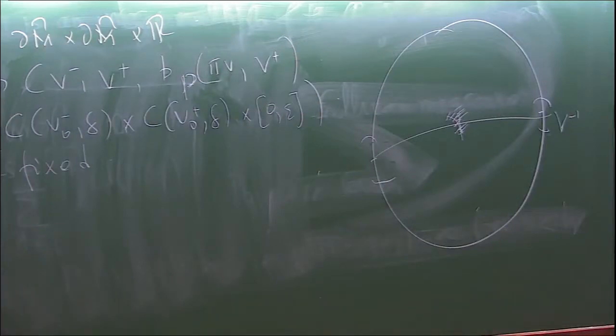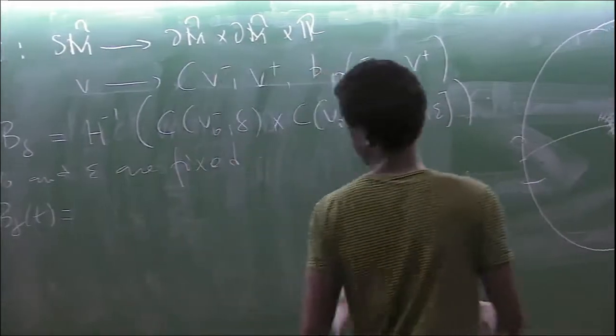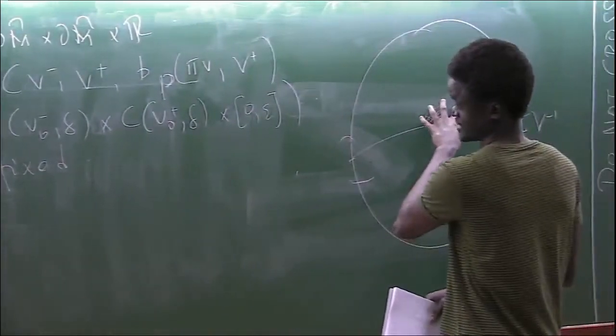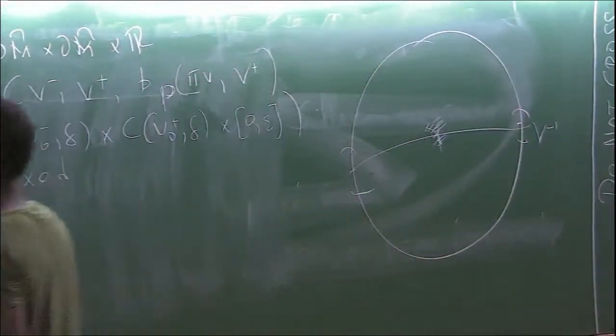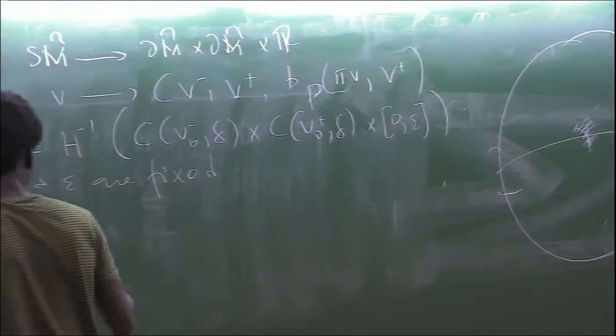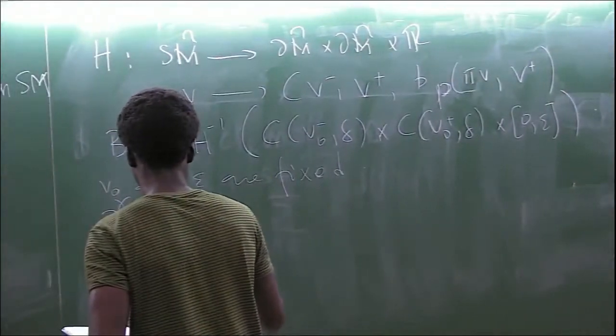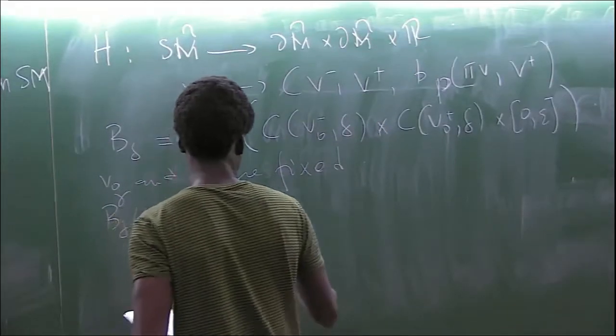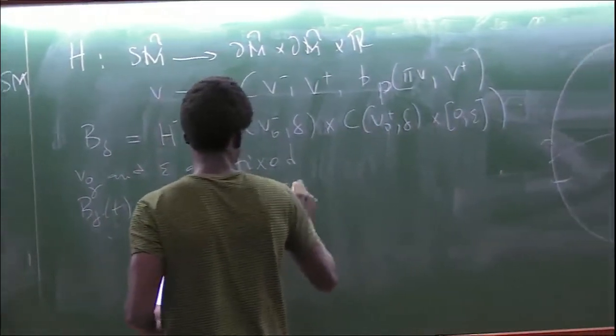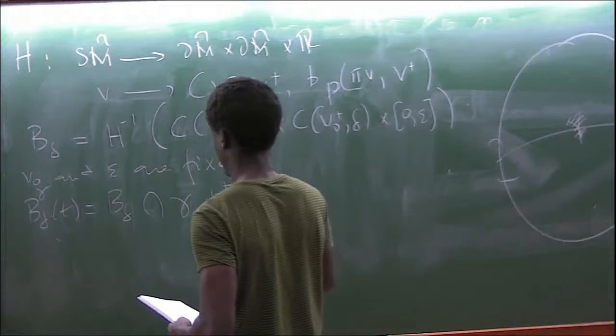You define B_delta,T, because what we want to do is detect the closed orbits that pass through this set. The closed orbit should be defined like this: gamma is B_delta intersect g_t of B_delta, where g_t is the geodesic flow.